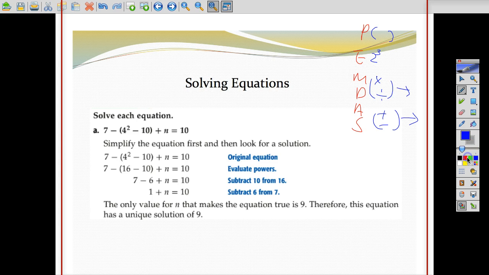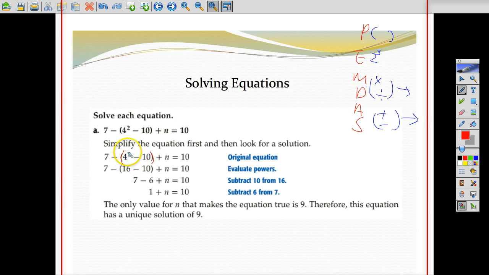All right, so here we go. We're going to solve this equation going from top to bottom, in that order. P stands for parentheses, which means we're going to do the parentheses first. So here is the parentheses. Within the parentheses, what are you going to do? Are you going to subtract first or do exponents? Exponents, because E comes first.